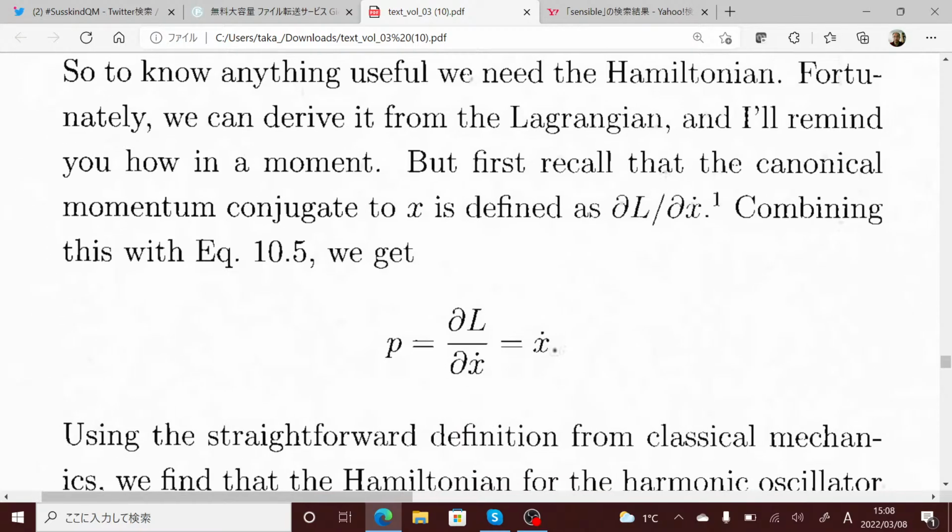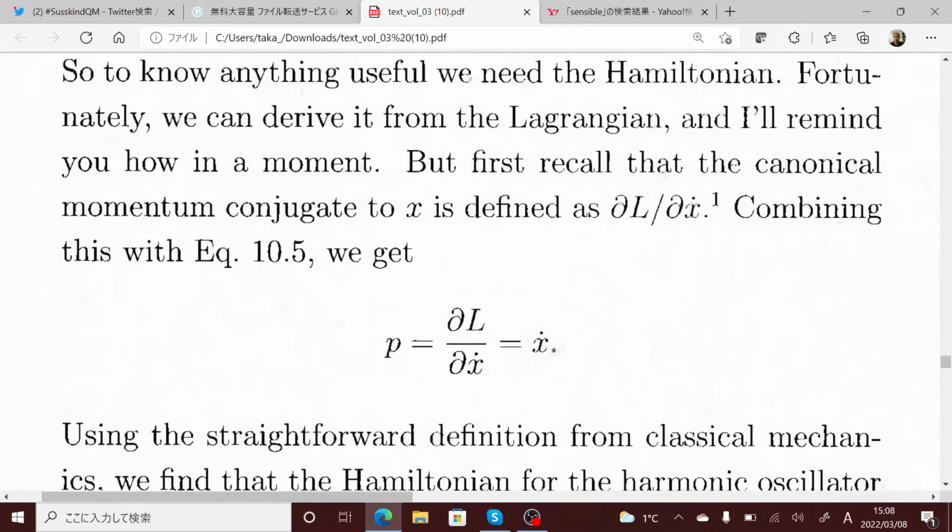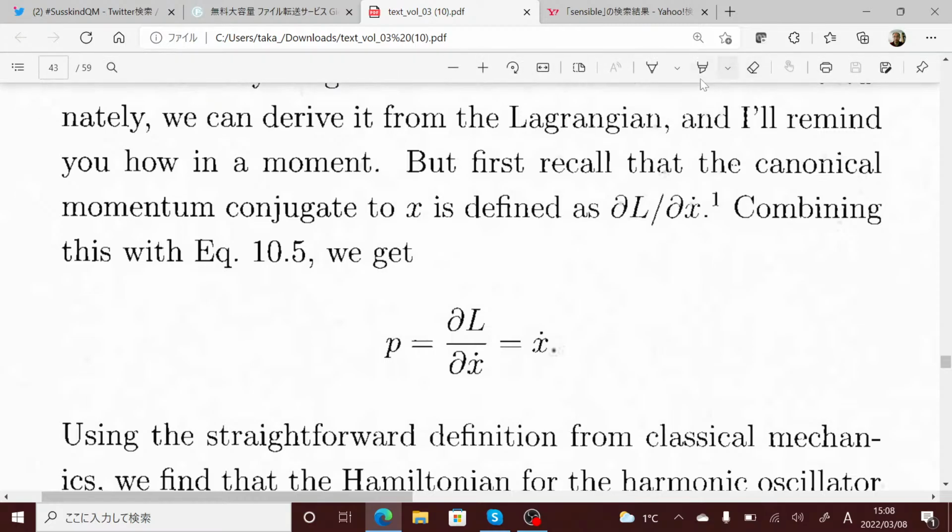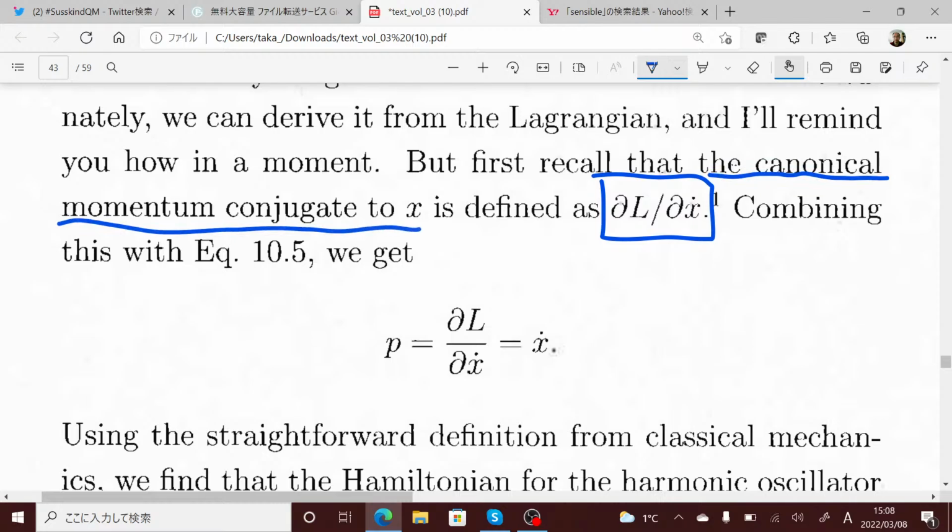But first, recall that the canonical momentum conjugate to x is defined as partial L partial x dot. Combining this with equation 10.5, I think 10.5 should be like this.